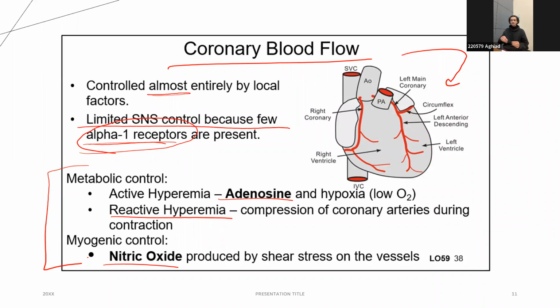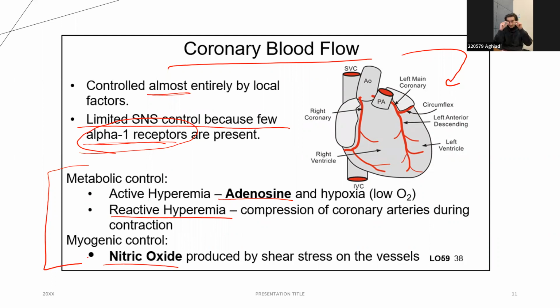Okay. So you're doing exercise now. We're exercising more, there's stress put on the heart. It's a muscle. So you get active hyperemia because the metabolites are accumulating. Reactive hyperemia is due to the constriction happening to the vessels by contraction of the ventricular muscle. Imagine that's the heart, it's contracting, and the shear force with which it is contracting constricts the vessels. That's during systole.